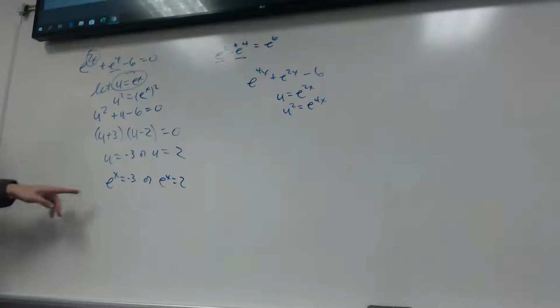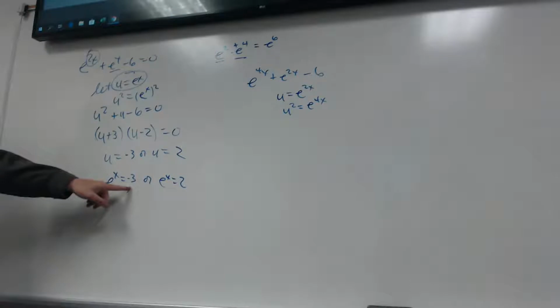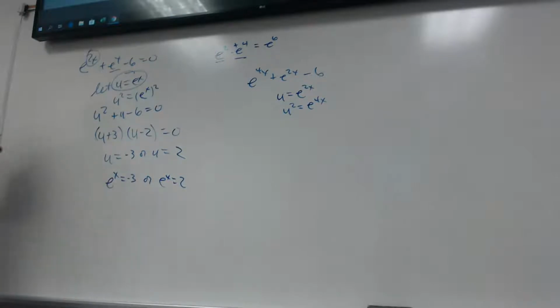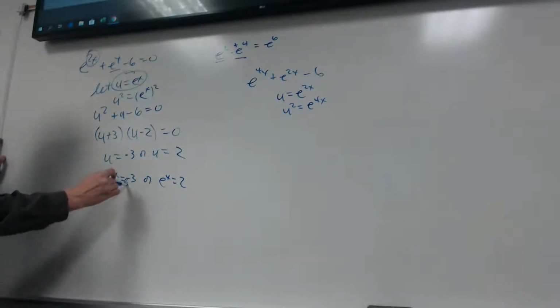Okay? Can e to the x equal, well, can it equal -3? No, because you remember how to graph it, right? I didn't do any graphing in my morning one. That's probably going to be on the test. Okay? So, but even if you didn't remember that, what would you do? You could take the log or the ln of both sides, right?